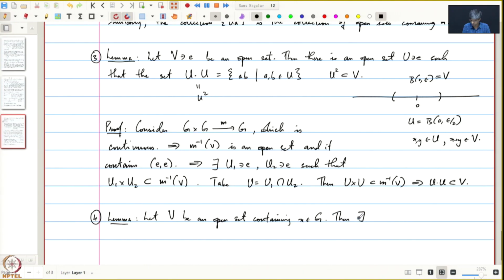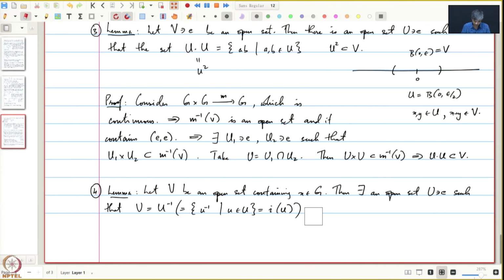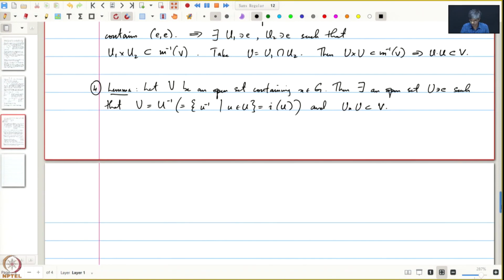So then there exists an open set U which contains the identity such that U is equal to U inverse, and so U inverse is the set of u inverse where u belongs to U, or equivalently this is I of U. So U is equal to U inverse and U times U is contained in V. So the proof is very similar to the previous lemma. So let's prove this. So proof.